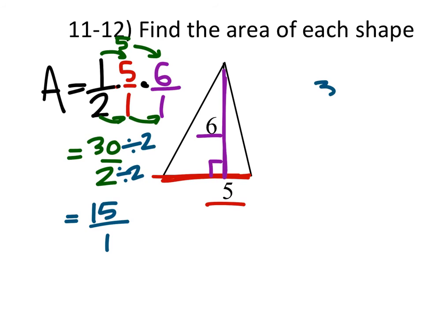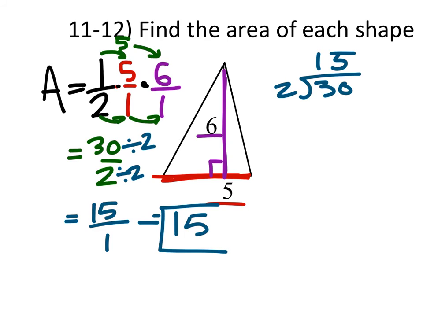Or you can do 30 divided by 2 directly. In any case, you'll get 15, or 15 over 1. So the area of this triangle is 15. They did not give us any units, so we'll just leave it as 15.